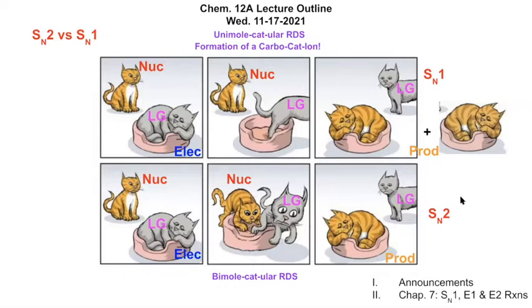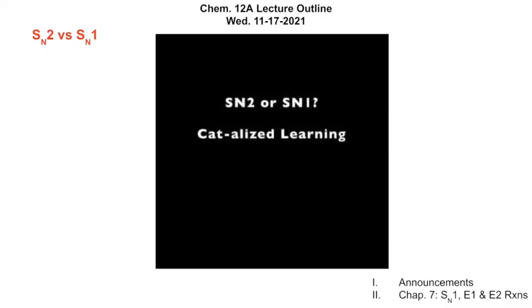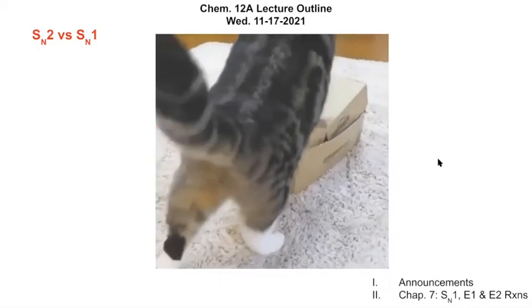All right, so we're gonna do announcements, chapter 7, but actually I got another one, SN2 versus SN1. Watch this one. So is this an SN1 catalyzed reaction or is it an SN2?